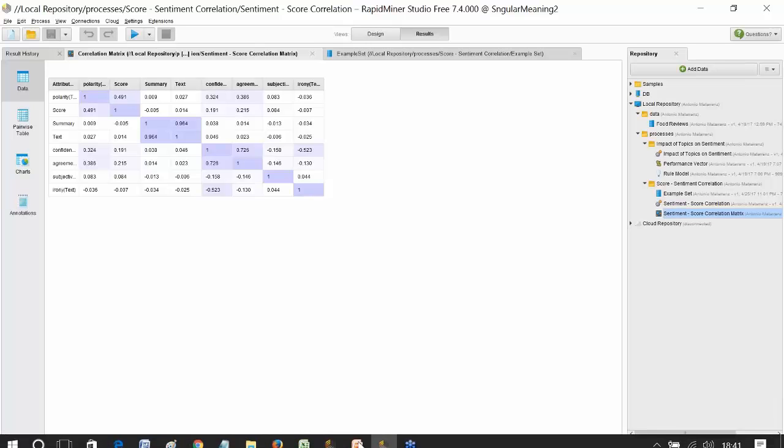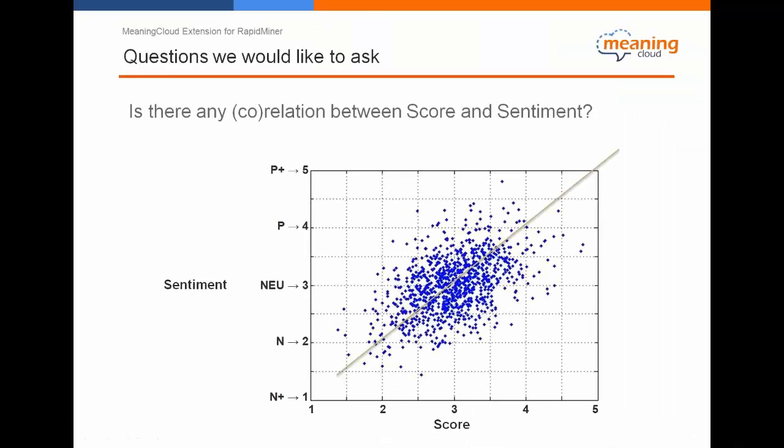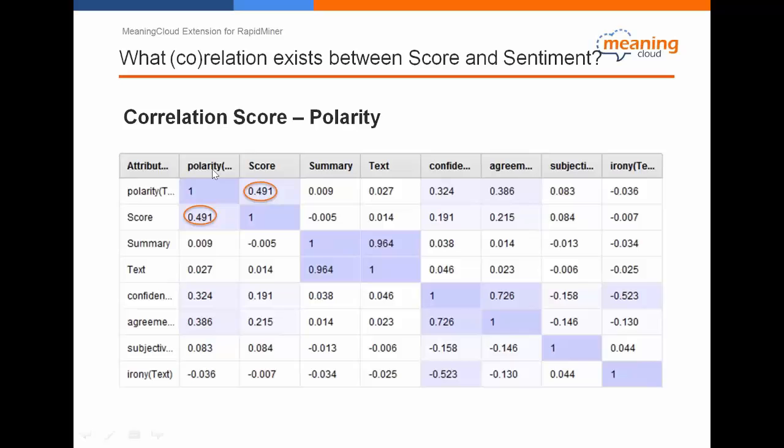Okay, let me show you on the PowerPoint. So you see all the attributes in the example set, in this row and this column, and in each intersection we have the correlation between those attributes. The one I'm interested in is the correlation between score and polarity, which is obviously the same as the correlation between polarity and score. Okay, we found it to be near 0.5 correlation coefficient, which is not very low.